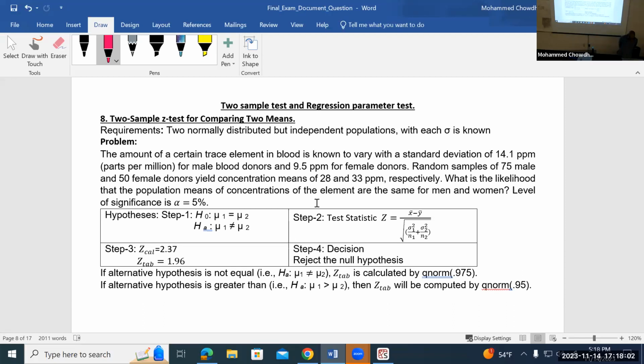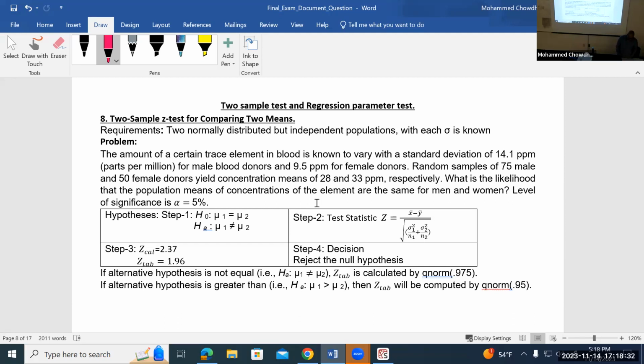The amount of certain trace element in blood is known to vary with a standard deviation of 14.1 ppm, parts per million, for male blood donors and 9.5 ppm for female donors. Random samples of 75 male and 50 female donors yield concentration means of 28 and 23 ppm respectively.